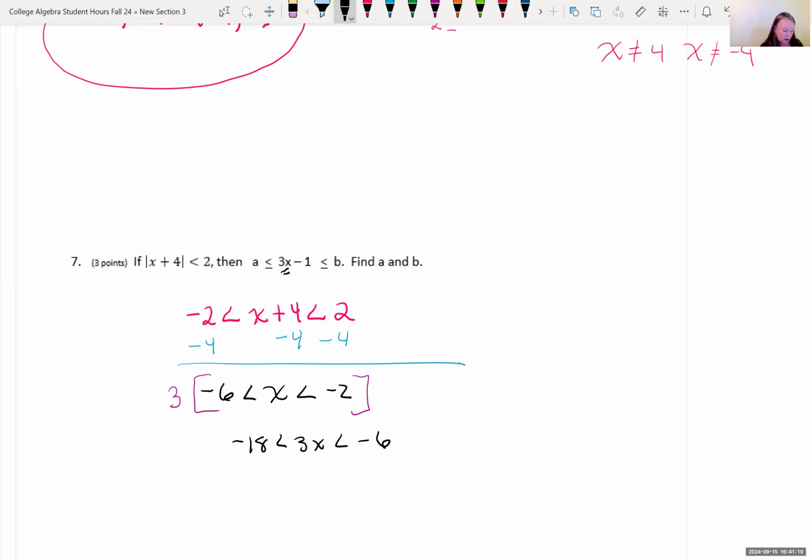So if I subtract 1 on all 3 sides, I would get here that negative 19 is less than 3x minus 1 is less than negative 6 minus 1, which is negative 7. So a would have to be equal to negative 19 in this case, and b would have to equal negative 7.